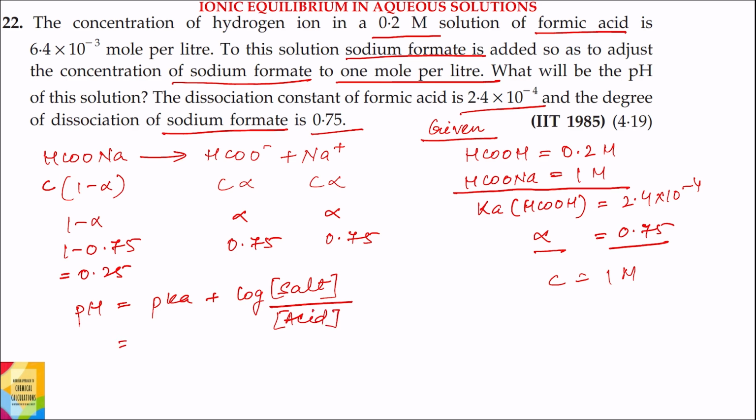So pKa means log 1 by the value of Ka, that is 2.4 × 10^-4, plus log of the concentration of the salt, which will be 0.75, divided by the concentration of the acid. The concentration of the acid is 0.2.